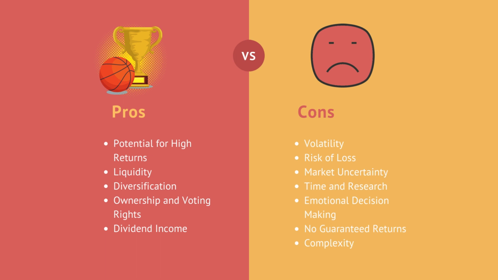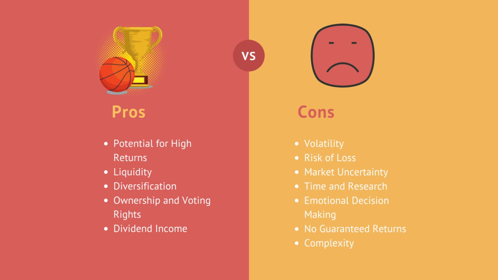And of course, since you're buying ownership, you're buying equity, you become a partial owner of the company. So this might grant you voting rights in company decisions depending on the type of stock you own. There's something called preferred shares and common shares, but I won't be discussing that in this presentation.